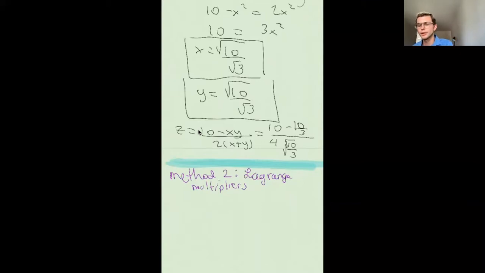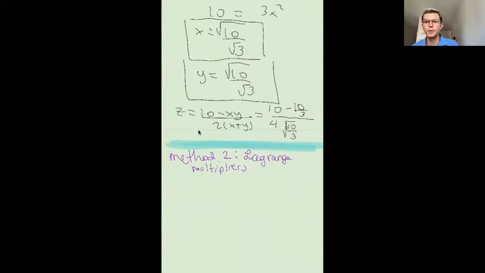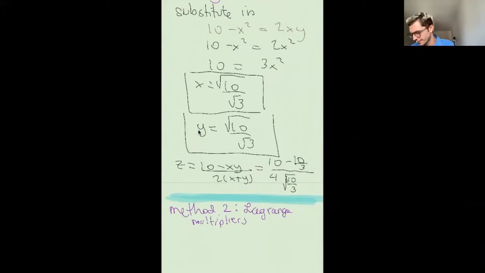So the method of Lagrange multipliers is that you work with all the variables at the same time, without trying to eliminate one of them.